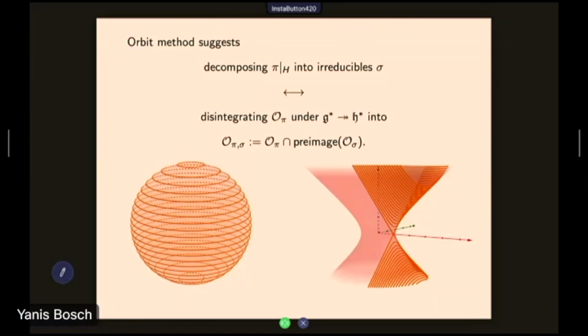Here the sphere is the coadjoint orbit O pi, and the equatorial strips are its intersections with preimages of orbits from SO2. So we're taking a sphere and slicing it into pancakes, so to speak. Similarly over here, you have an analogous picture for the one-sheet hyperboloid, where we're again splitting it up into hyperbolas. One thing to notice about this picture is that there are some regions where things behave badly.